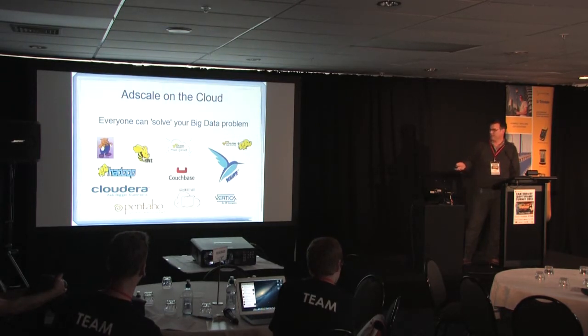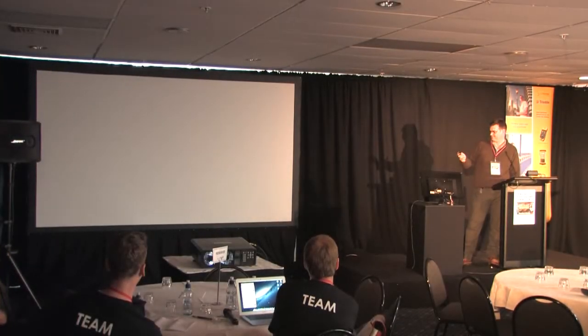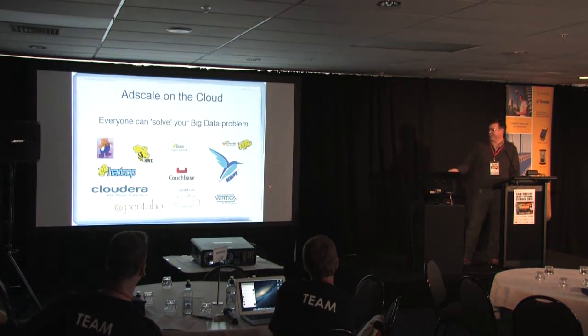Another one is Vertica. Oh, geez, what have I done there, mate? There we go. It's a column-based data store, if you're interested. And the other ones are kind of a combination of Couchbase, which I think is a fantastic product. It's a key value store.